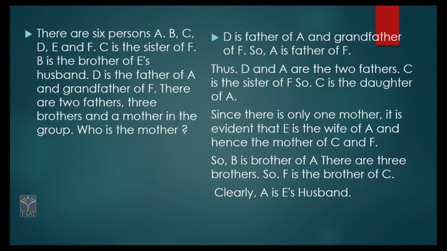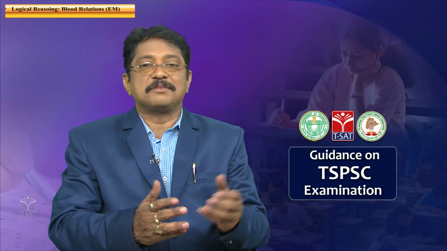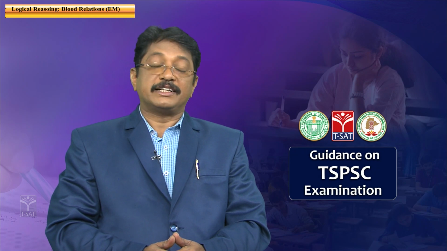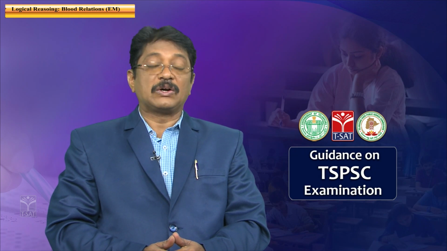There are 2 fathers, 3 brothers, a mother. Simply, 3 plus 2 plus 1 is 6. So among them there are 2 fathers, 3 brothers and a mother, and you have to identify that answer here. Okay.